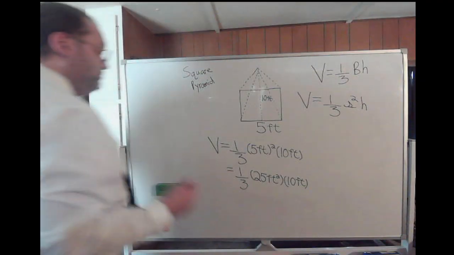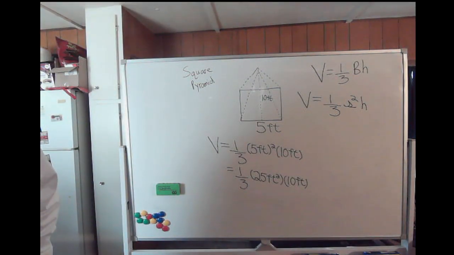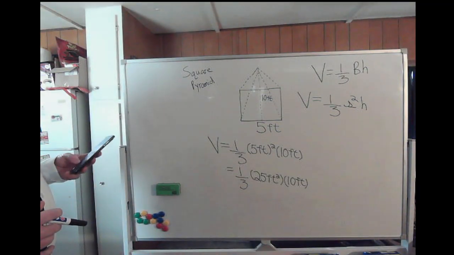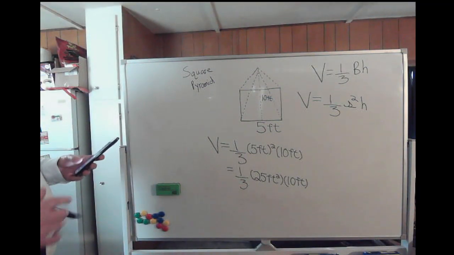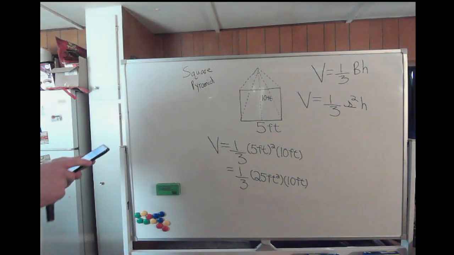Okay, so let's see how much room I have here so y'all could see. I think y'all could see pretty well here. Now we just have a straightforward multiplication problem. So we're going to do the 1/3, do that times 25, then do that times 10.